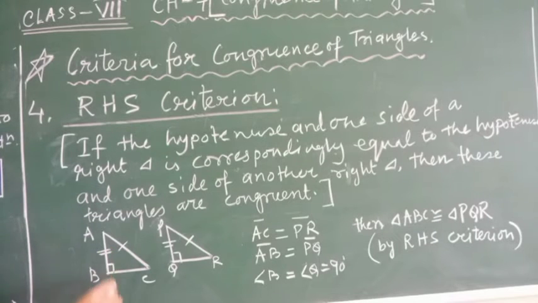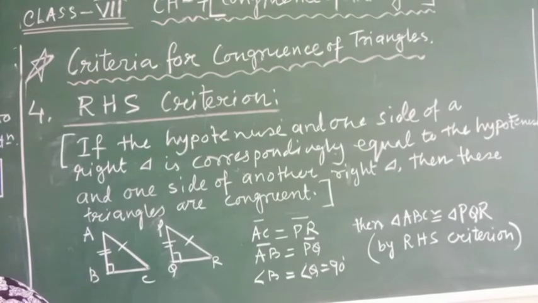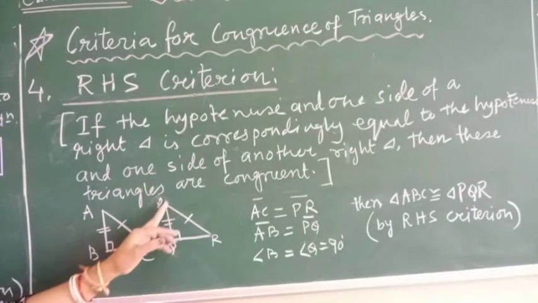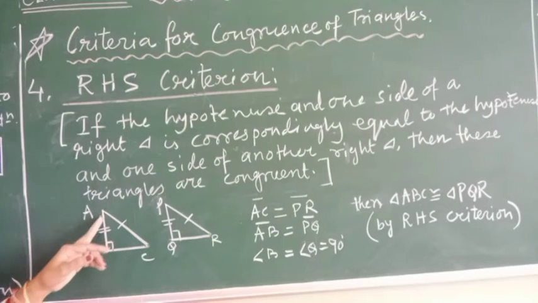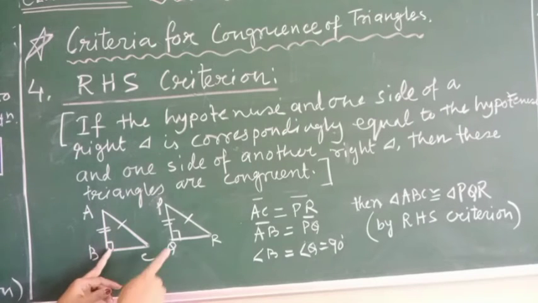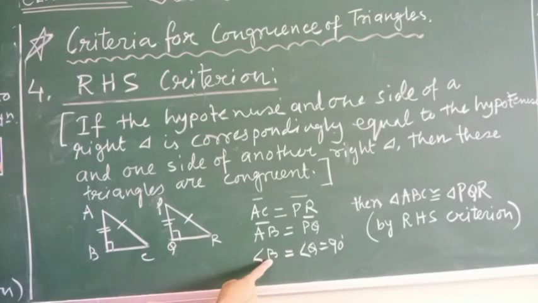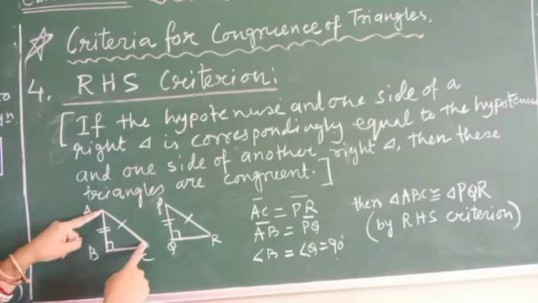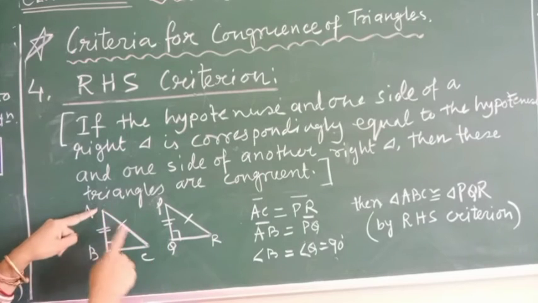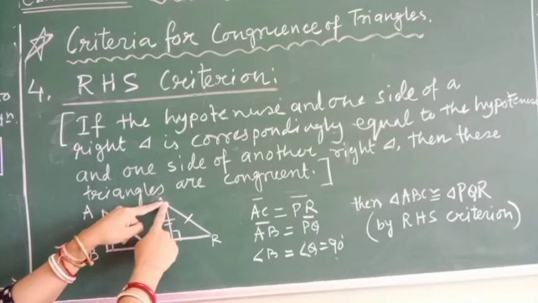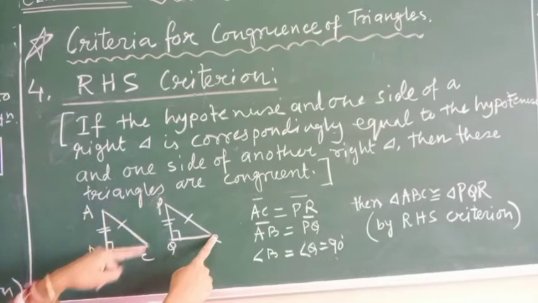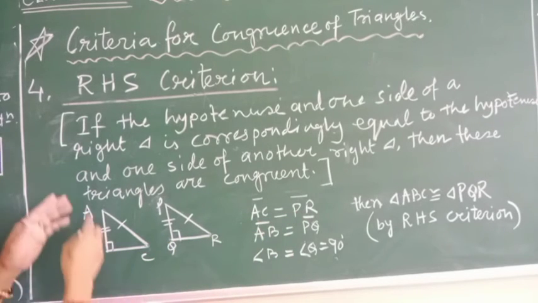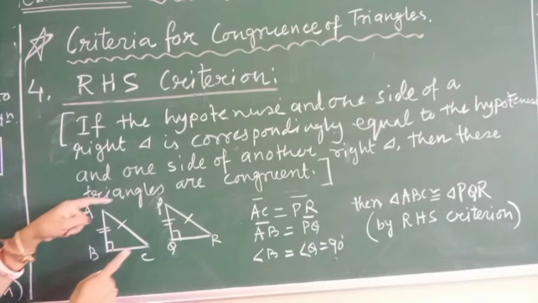Okay. For example, take these two triangles ABC and PQR. In triangle ABC, you can see that angle B and angle Q are right angles, 90 degrees. Say the length of hypotenuse AC is equal to the length of hypotenuse PR of the other right triangle, and any one side, say AB, is equal to PQ.